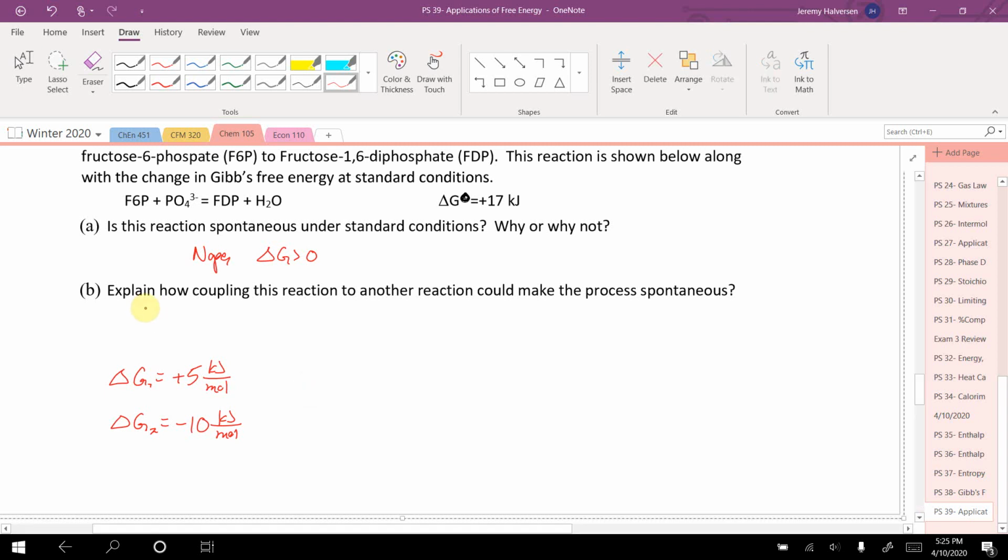Okay, so we could combine this with a reaction whose delta G is less than negative 17 kilojoules, because then together they're guaranteed to be negative.